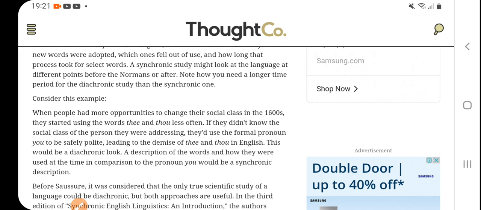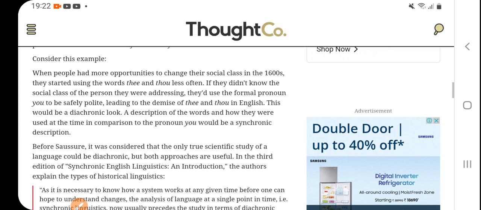And then a synchronic study might look at the language at different points before the Normans or after. Now note how you need a longer time period for the diachronic study than the synchronic one.